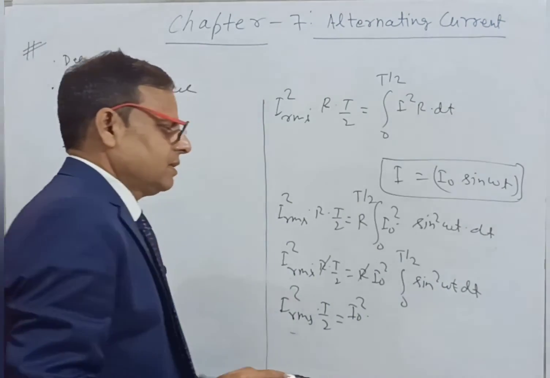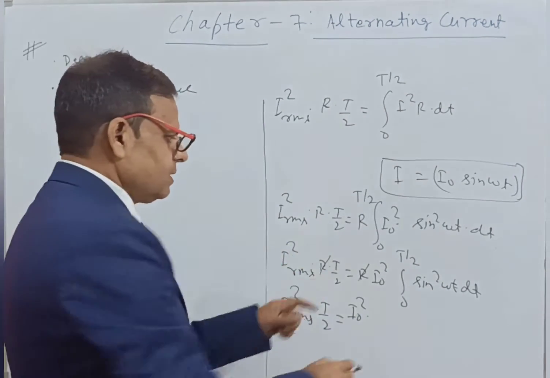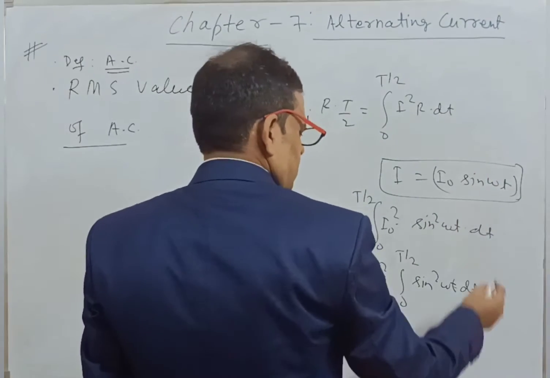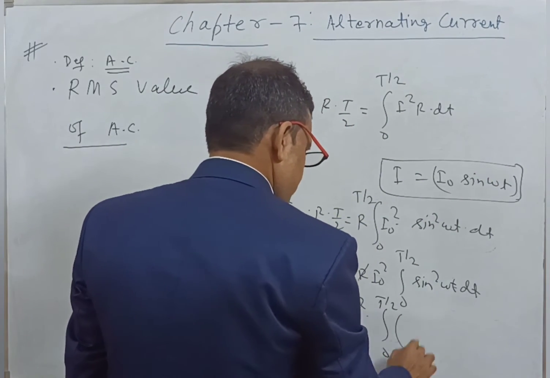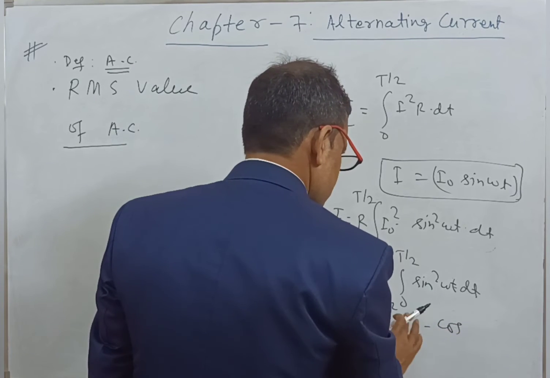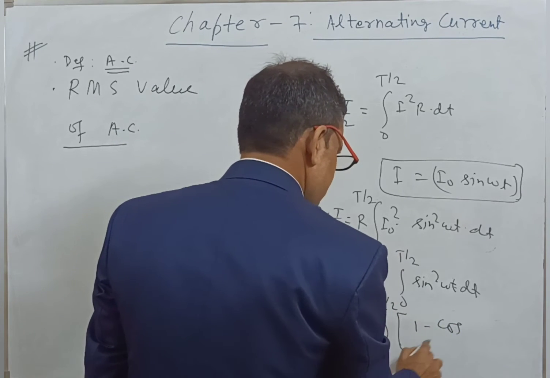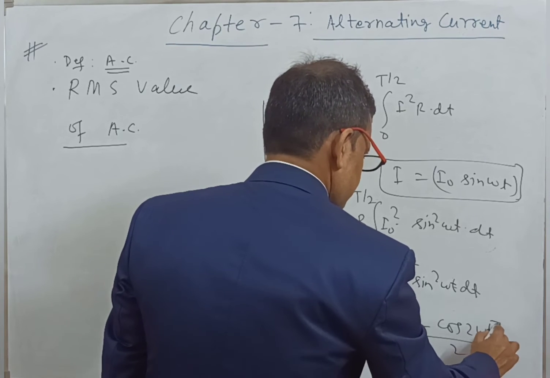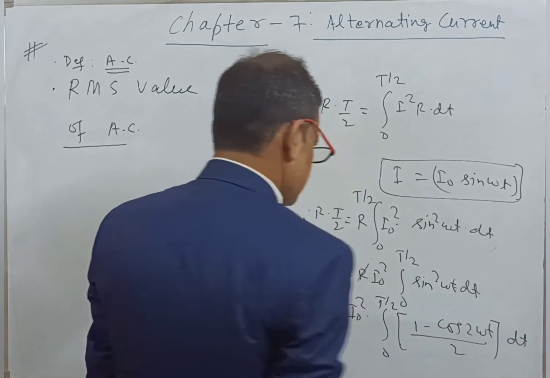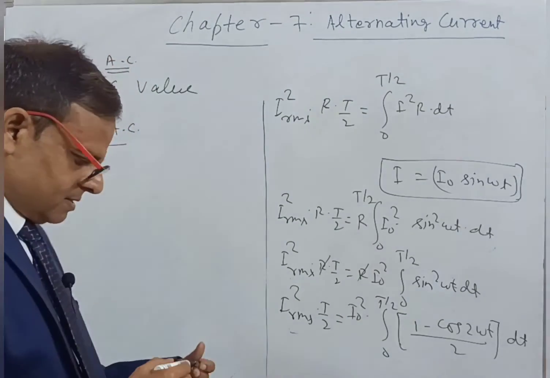In trigonometry, we know that sine square omega t is equal to 1 minus cos 2 omega t, all by 2. Now we can expand it.